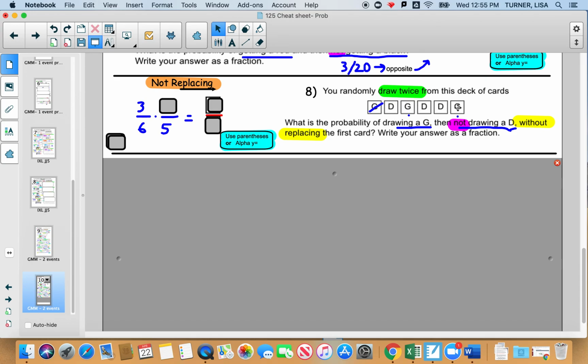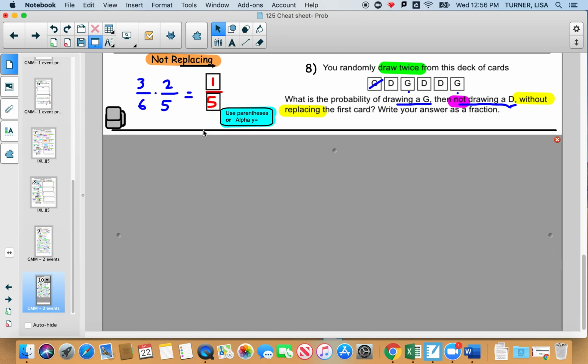Now you have 5 things left to choose from, and not D. Well, I have 3 D's, but not D are this G and this G. So it was important to cover up that G. And so I have 2 left. When I multiply these two, I get a reduced probability of 1/5. Okay, so be careful with those.